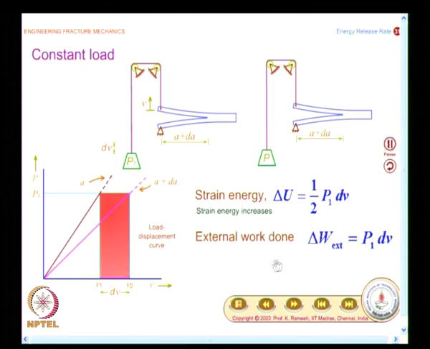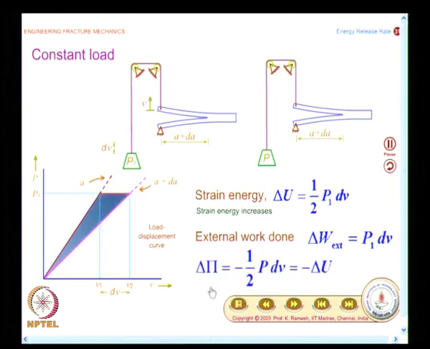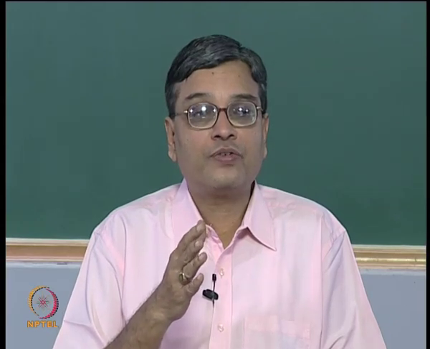And eventually, what you get as the change in potential energy of the system is given by this triangle. This is very important. We are looking at from the point of view of graphical approach. It gives you a good amount of understanding.